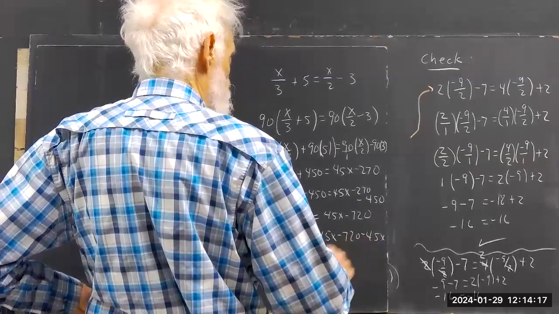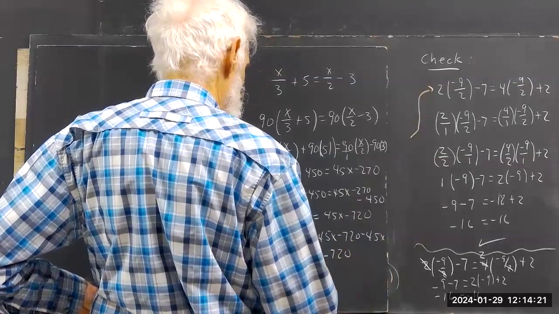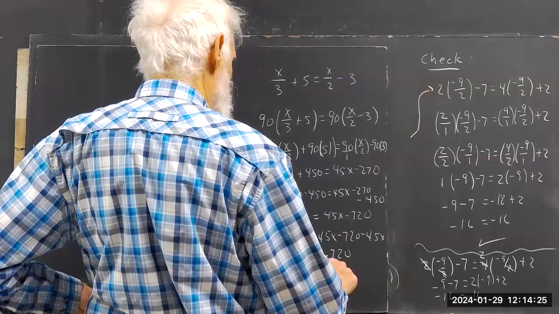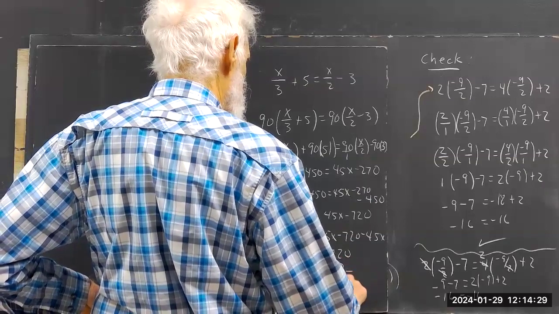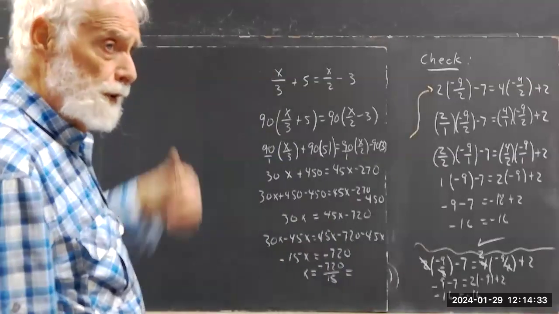The 45x and the negative 45x add up to 0. I get negative 720. So I find that x equals negative 720 over 15.